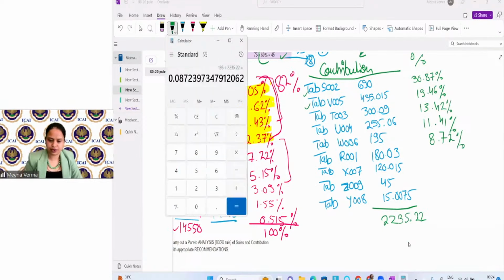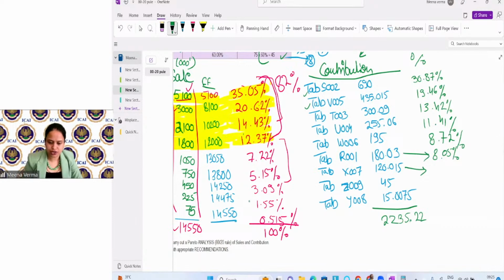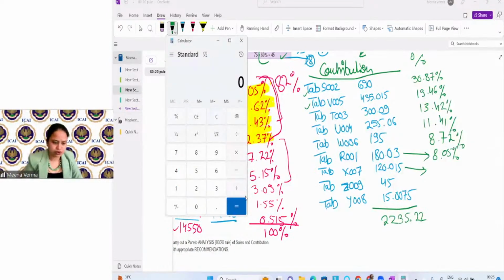Next is your 180 divided by 2235, the total value. So this is coming as 8.05%, right? This is for this. Then for this, what is it? 120 divided by 2235, 5.36%.